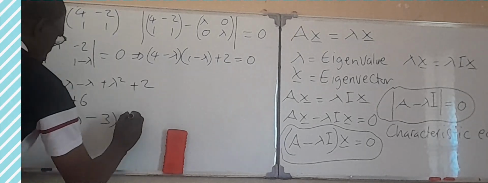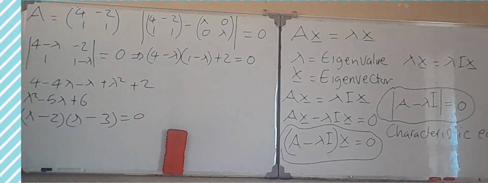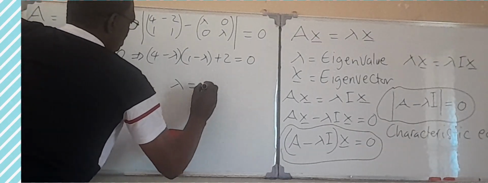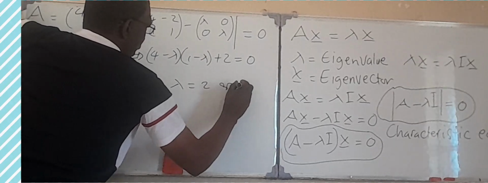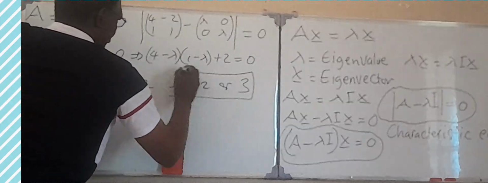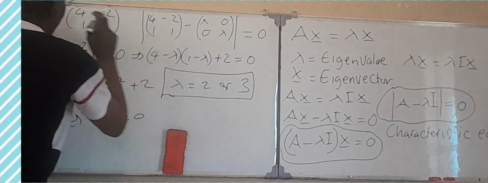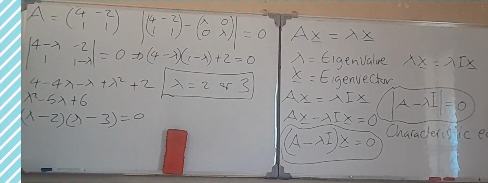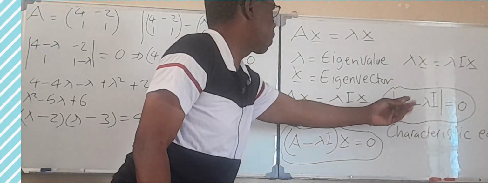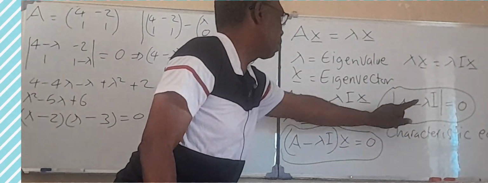So this is equal to 0, which means, of course, that lambda is equal to 2 or lambda is equal to 3. These are the two eigenvalues of the matrix A. First of all, you must set up your characteristic equation, which is this equation here.